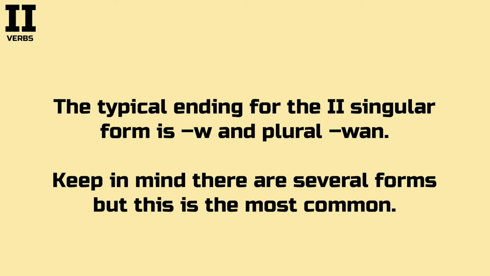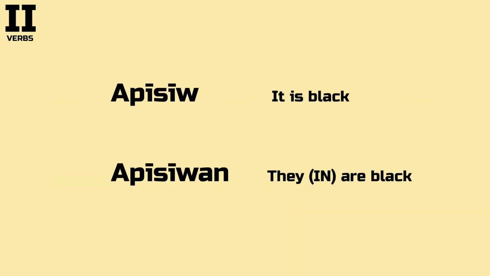So something to think about right off the top is that our colors are effectively verbs in Menomini. Now, whether the verb subject is animate or inanimate determines whether we use an AI or an II. In this case, we're talking about II verbs. So, for example, the word apisu means it is black.